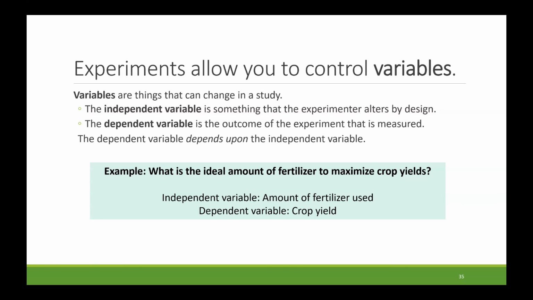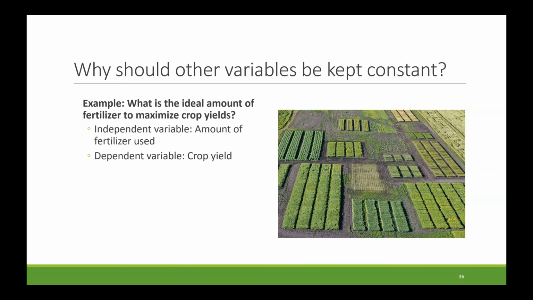Ideally, everything else would be kept constant by the experimenter to the greatest extent possible. Why are the other variables kept constant? Well, let's revisit this example of trying to determine the ideal amount of fertilizer to maximize crop yields. If we truly want to isolate the effects of the fertilizer, we don't want any other variables to enter the picture and complicate the conclusions.